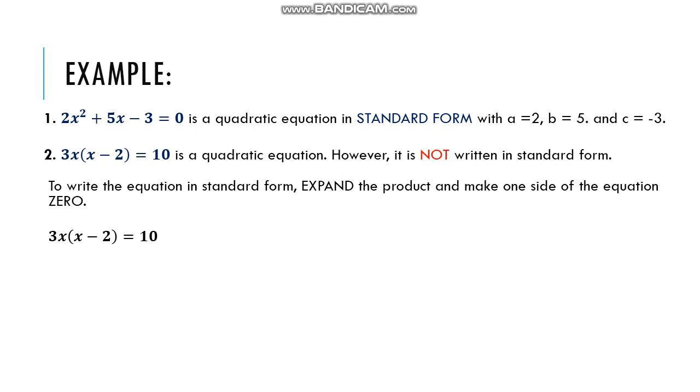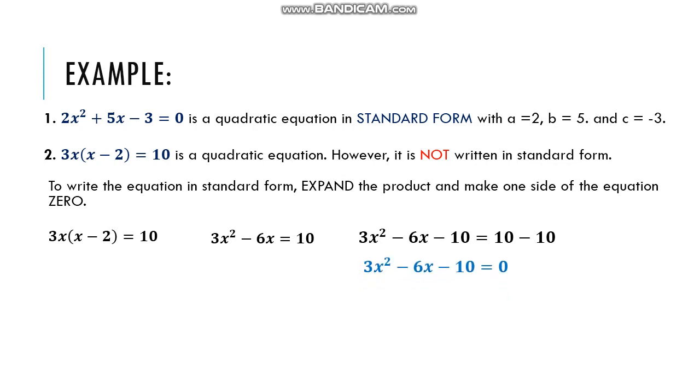3x(x - 2) = 10. Expand. It becomes 3x² - 6x = 10. To make one side of the equation 0, we apply additive inverse. 3x² - 6x - 10 = 10 - 10.